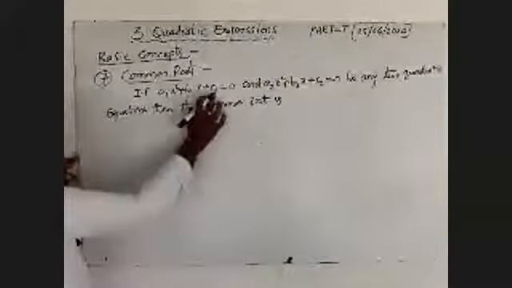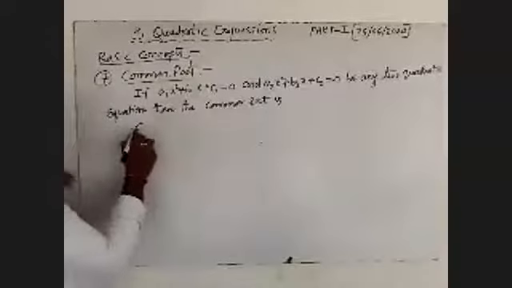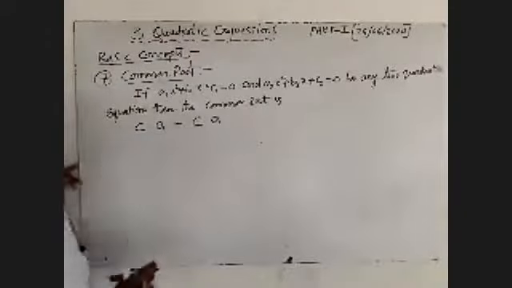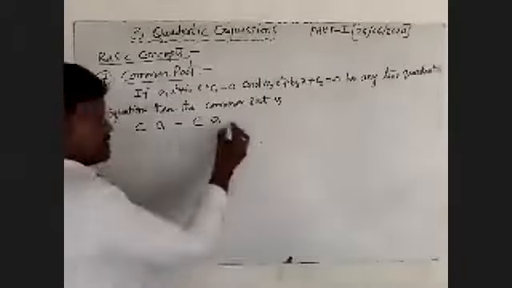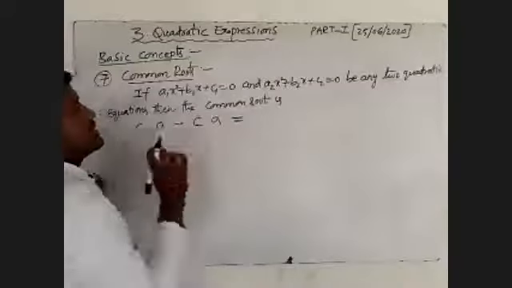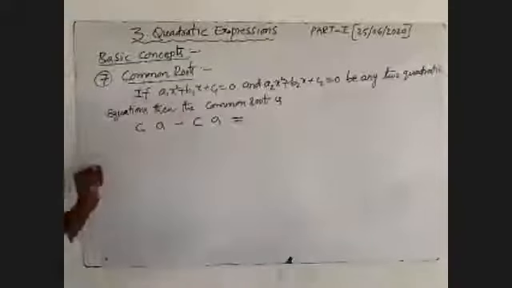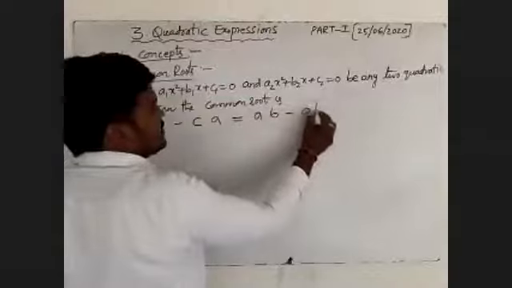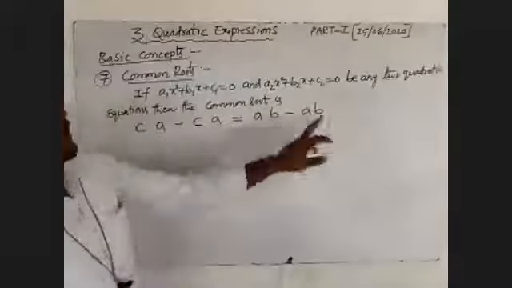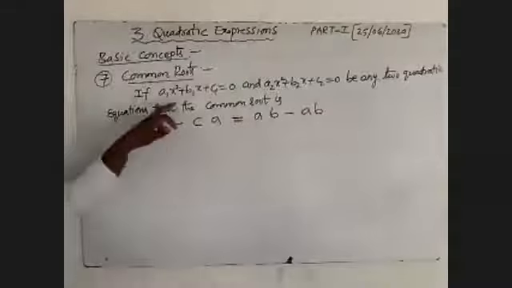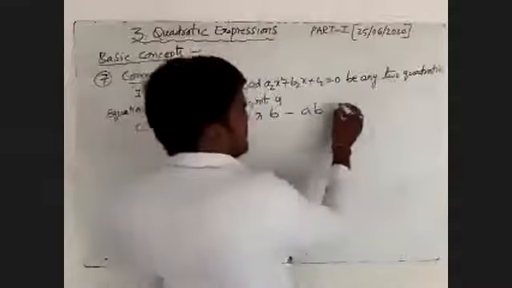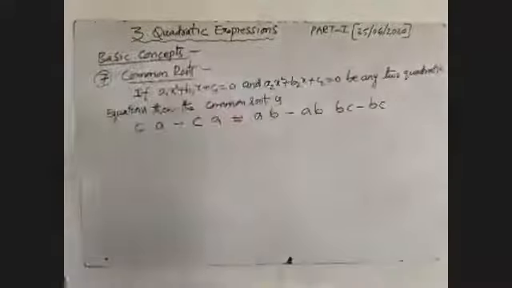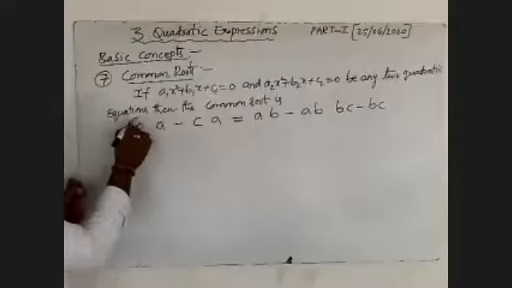First we will write c, after that we will write a. Ca minus ca is equal to ca will be completed. After that we will take ab minus ab. We will observe ab minus ab is 0. After that, the next point is bc minus bc. We have to take their brackets.